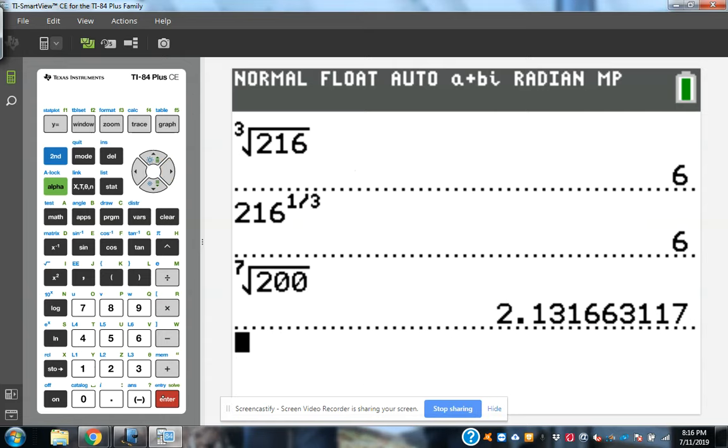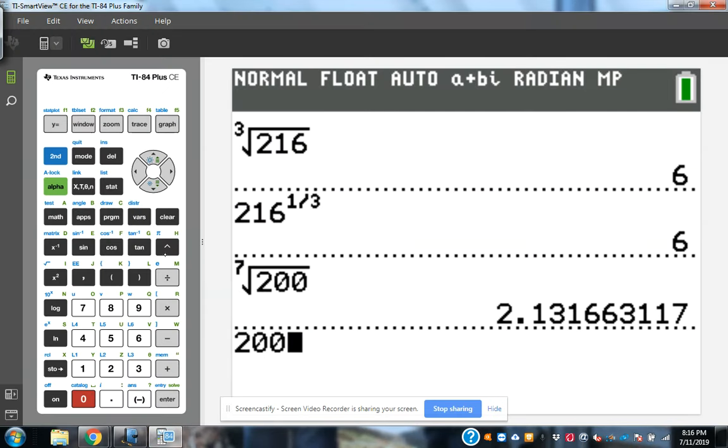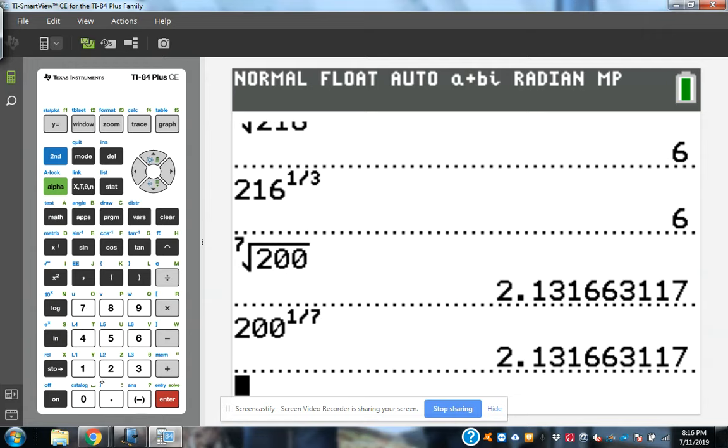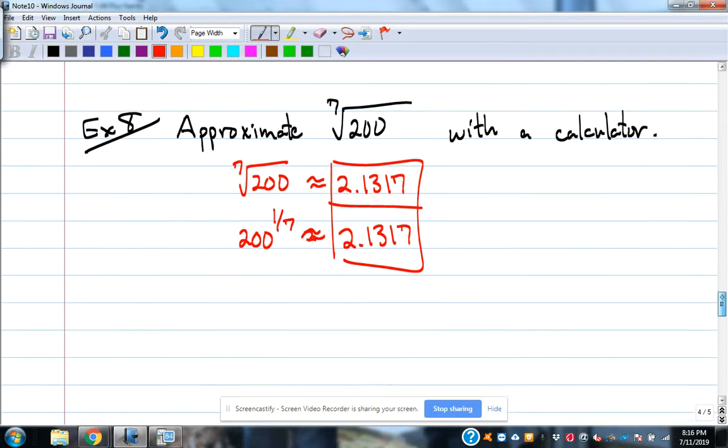Hit enter, and we're going to approximate that to 4 decimal places: 2.1317. You could also do 200 to the 1/7 power. With the calculator, 200 raised to the 1 divided by 7 is 2.1317, just like it. Either of those ways evaluates that.